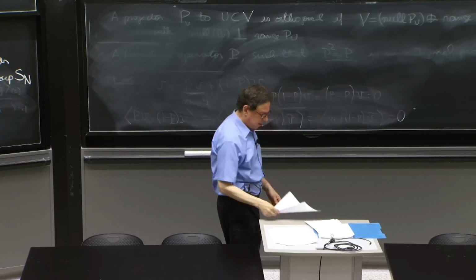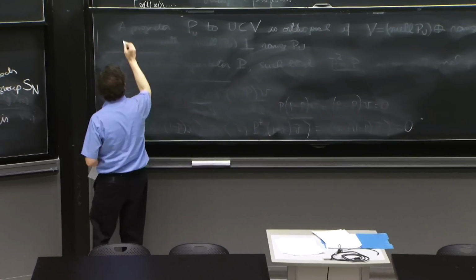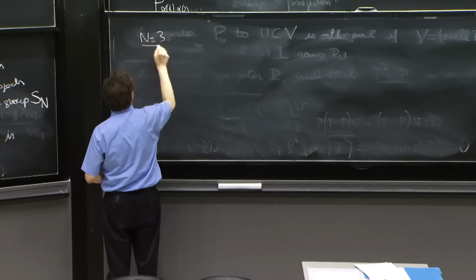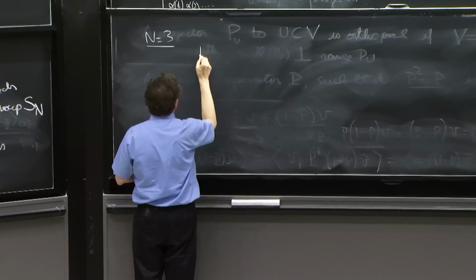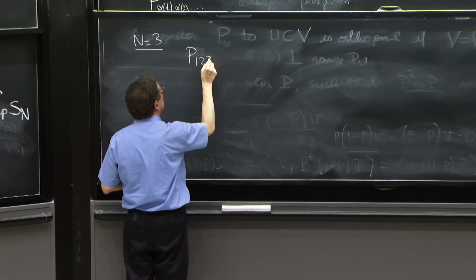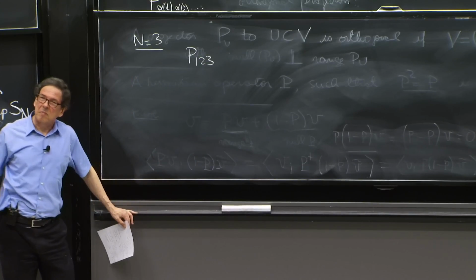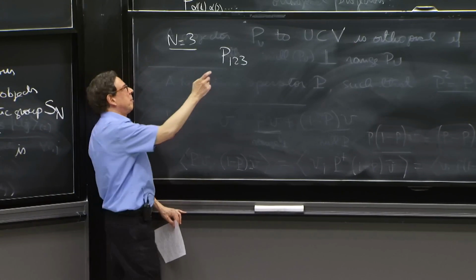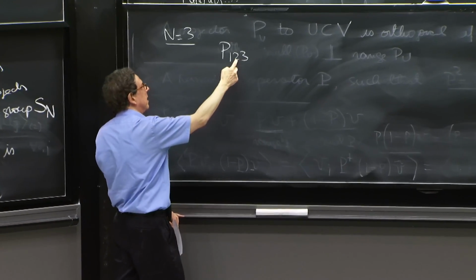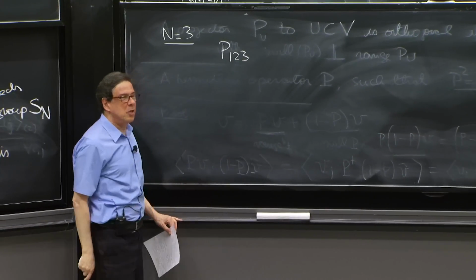So 3 particles, n equals 3. What are the permutation operators? You would say P1, 2, 3 is what? Put the first particle first, the second particle second, the third particle third. It doesn't do anything.